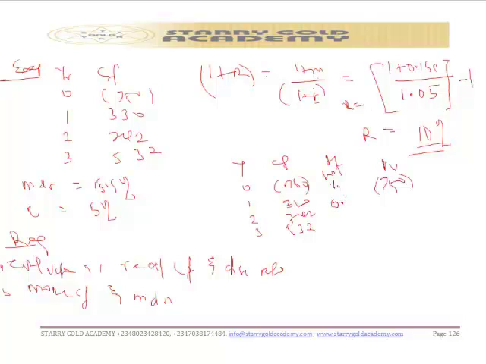For year 1 it is 0.909, so we have 300. For year 2, it is 0.826, that makes our cash flow 200. And for year 3, it is 0.751, the discount factor at 10%, and that gives us 400.